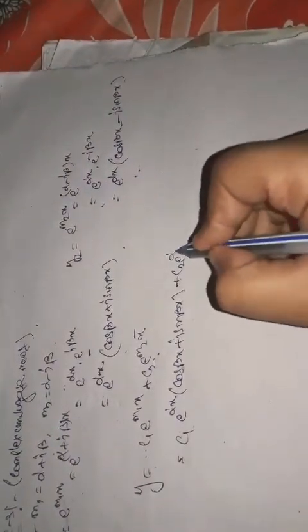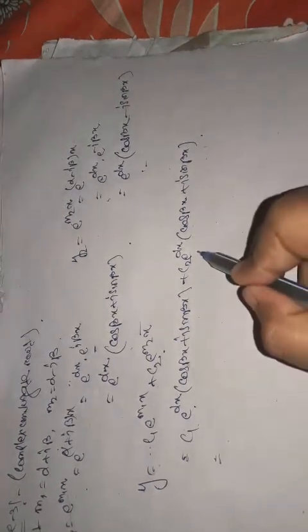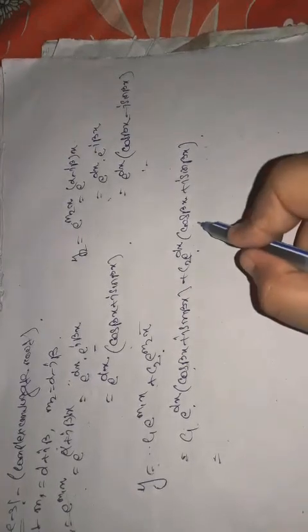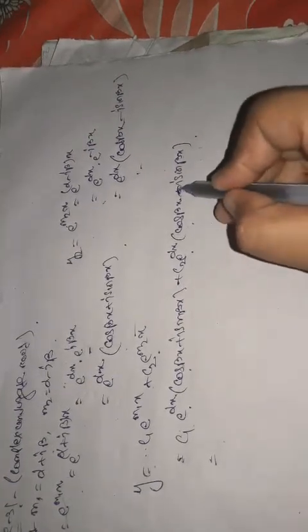So c1 e to the power m1x is e to the power alpha x, cos beta x plus i sin beta x, plus c2 e to the power m2x, e to the power alpha x, cos beta x minus i sin beta x. Here the exponential terms are the same, and cos beta x also, sorry, this is minus.